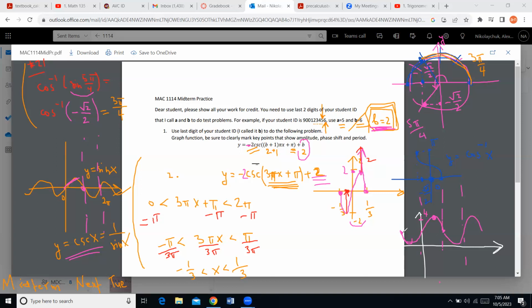So these points give us vertical asymptotes. And now finally, I will be able to get a graph of the function cosecant. It's just pieces hanging above and below this sine function. And that's exactly what we call negative 2 cosecant of that stuff, 3 pi.